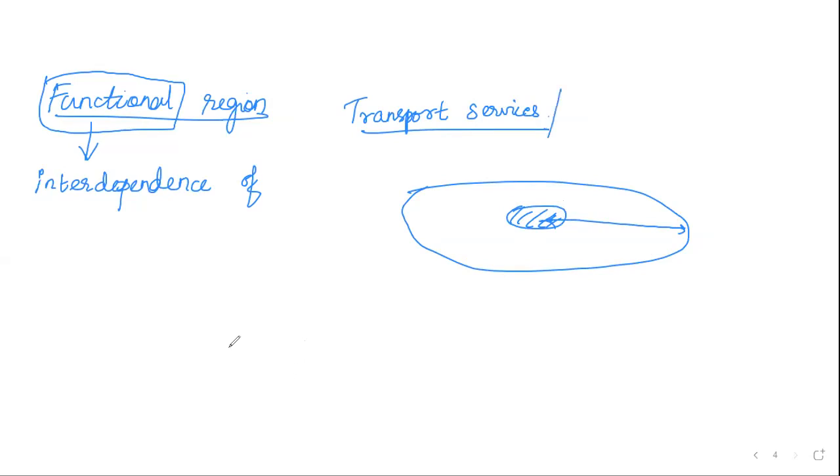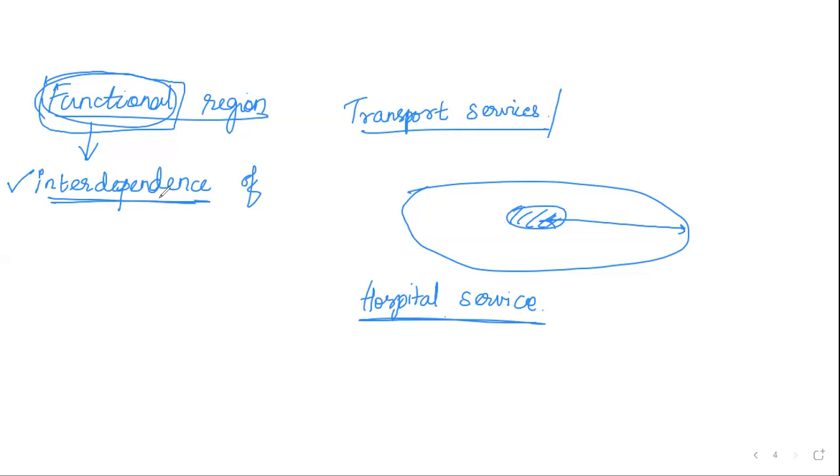What else? Let's take hospital service. Hospital is a service, right? So this falls under the service sector, a tertiary service sector. Population is coming to that particular region. So that will decide the functionality of a region, and it will directly depend on the interdependence of cities, towns, and villages.